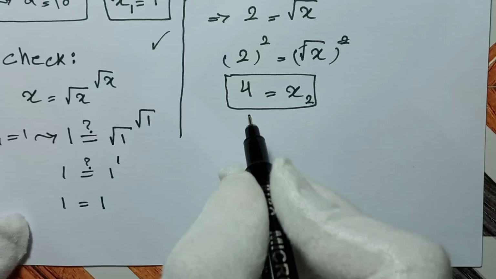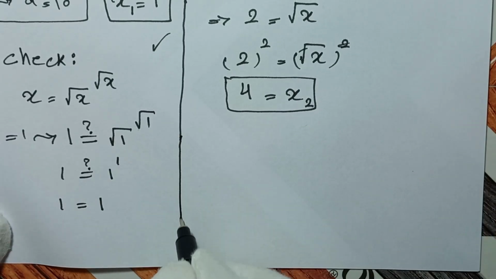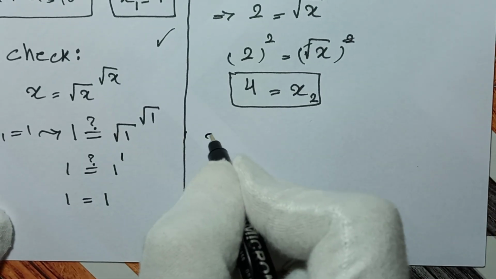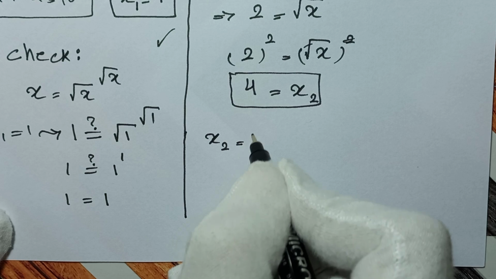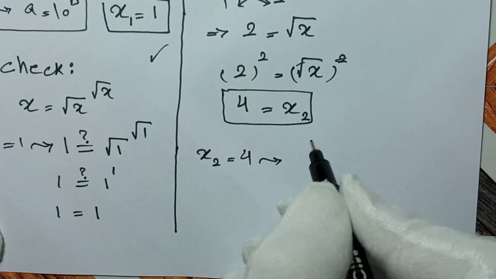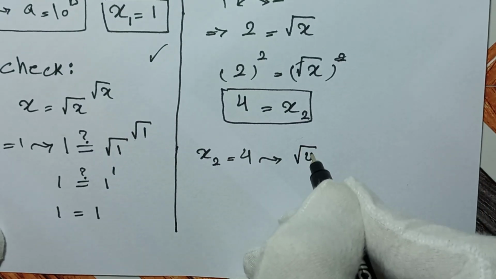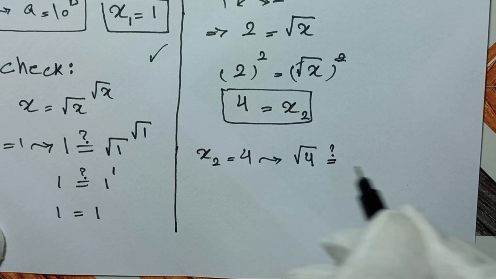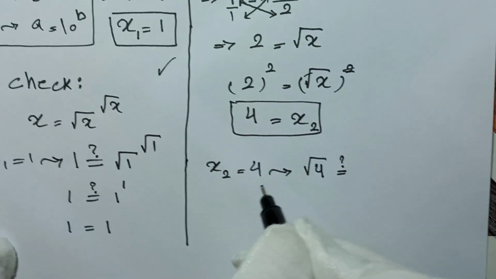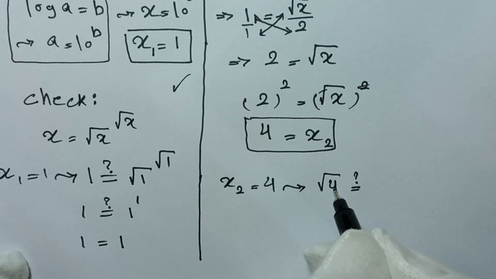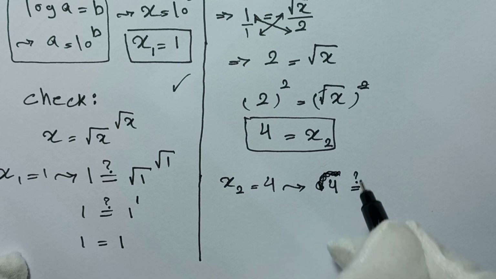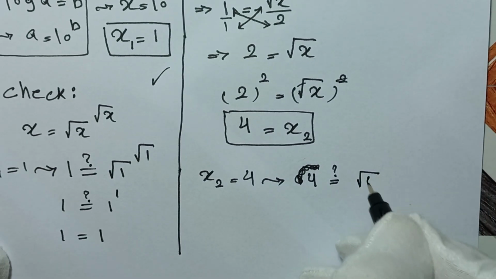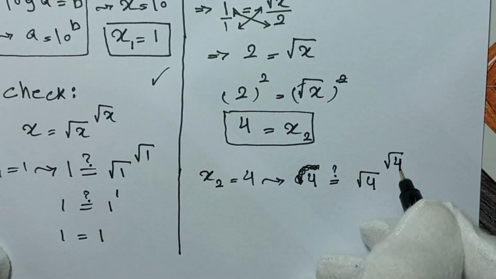So here we check for x2. For x2 equals 4, x is 4, so 4 equals square root of 4 to the power of square root of 4.